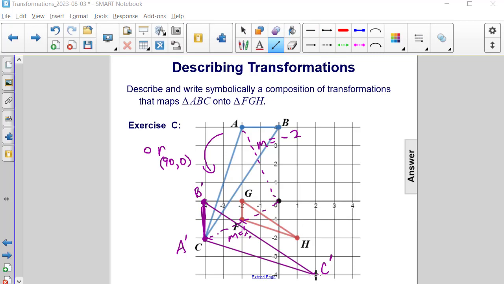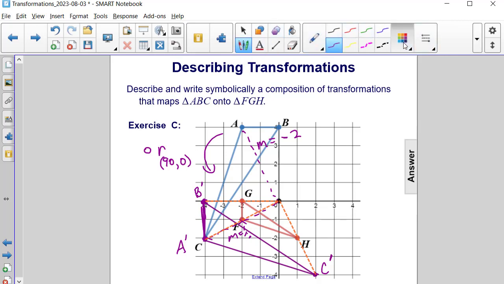And now if we connect this image triangle to our center of dilation, the origin, we can clearly see how it's also crossing over our image points. So as a result, we are dilating with a factor of, notice we went from 4 to 2, we went from 2, -4 to 1, -2, so it reduced by a factor of 1/2 or 0.5.